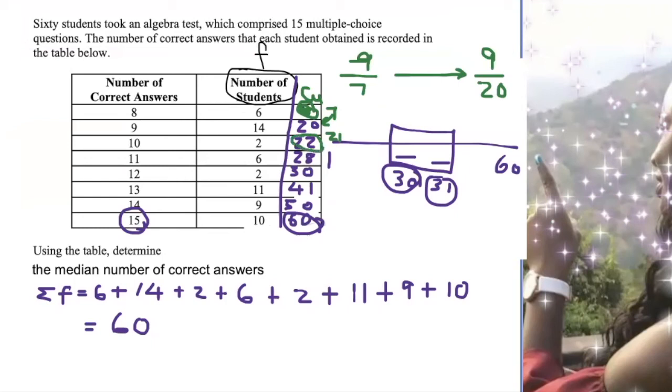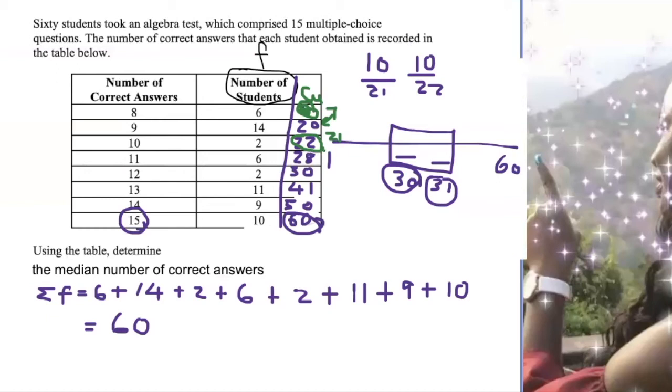So that means, let me go ahead and erase this. That means in the 21st and the 22nd position, I am going to see the number 10, because 10 occurs 2 times. So the next number after 22 will be 23.